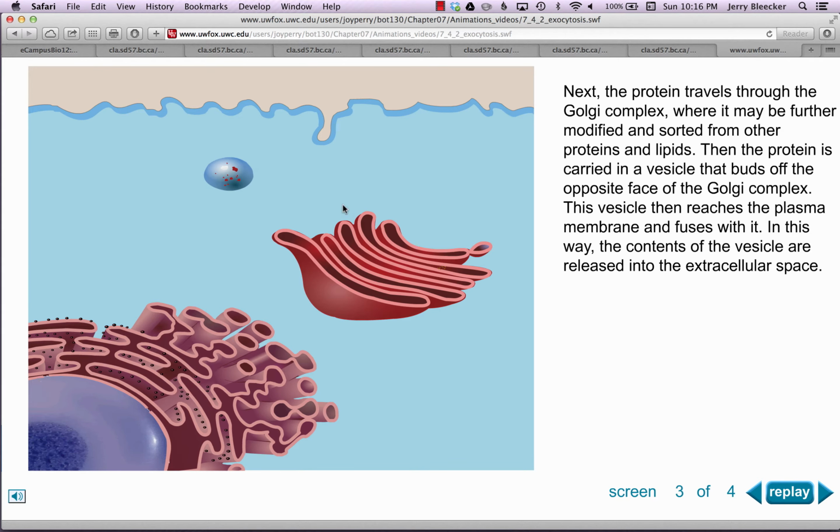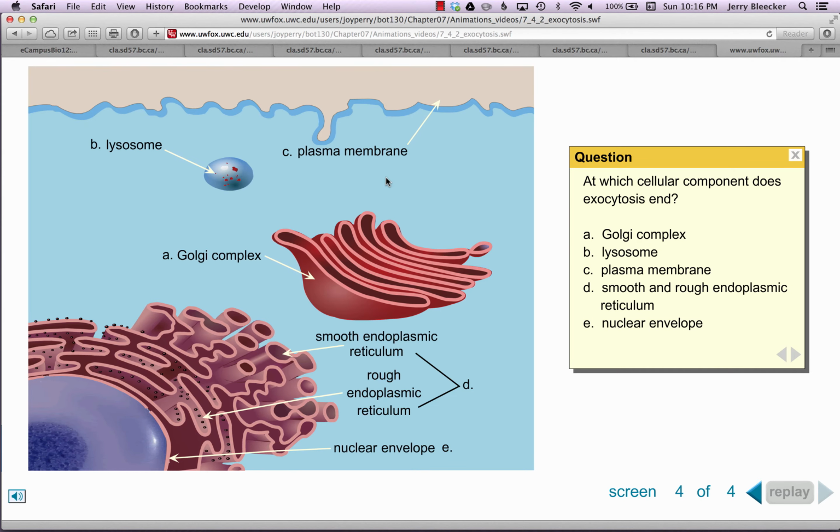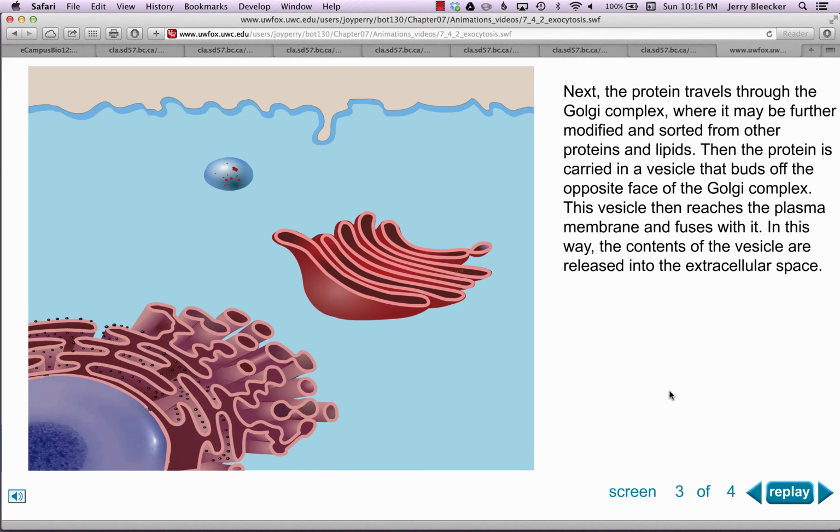Let's see if I can get that a little bit more, because I think I skipped it, but here it is forming. Let's see, we got a little bit more animation. There we go. And so it's received proper signals to leave the cell, and its membrane fuses and the contents go outside.